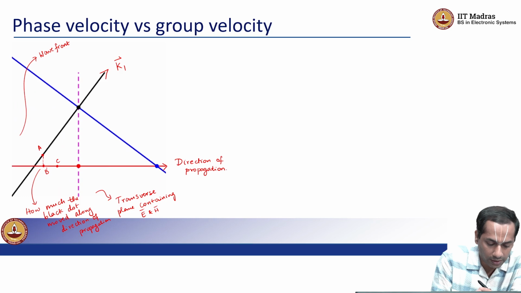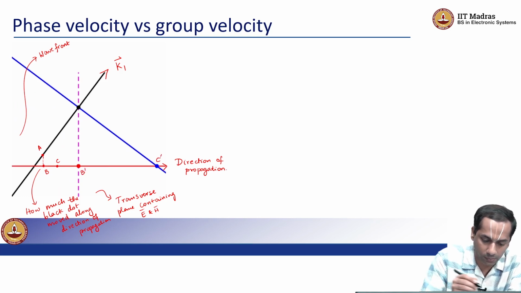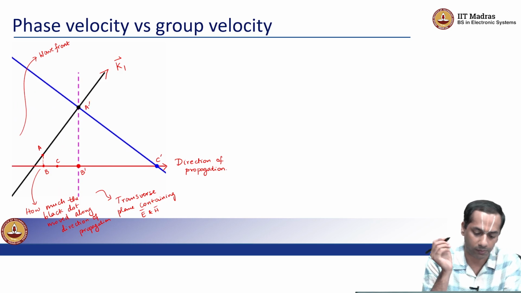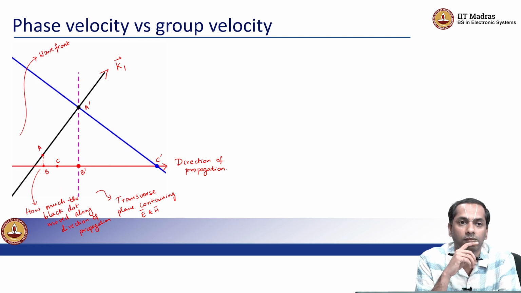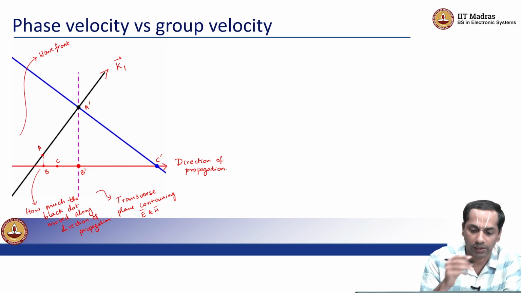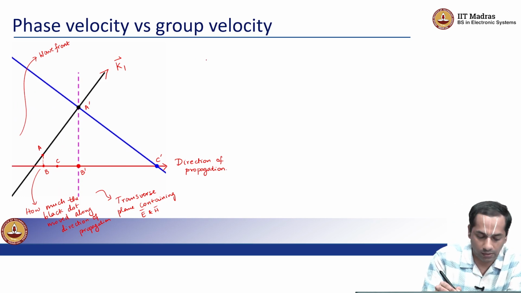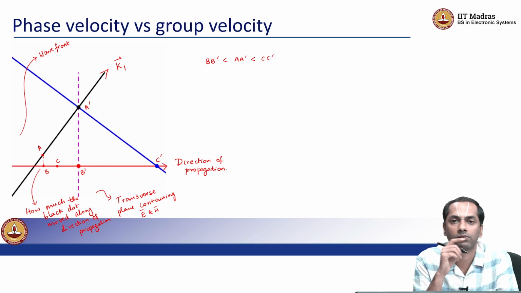So B has moved to the new location B prime, this is my C prime and A prime. The figure of course is to scale, so I can clearly see that B prime is less than A prime, which is less than C prime. Just a geometrical construct.